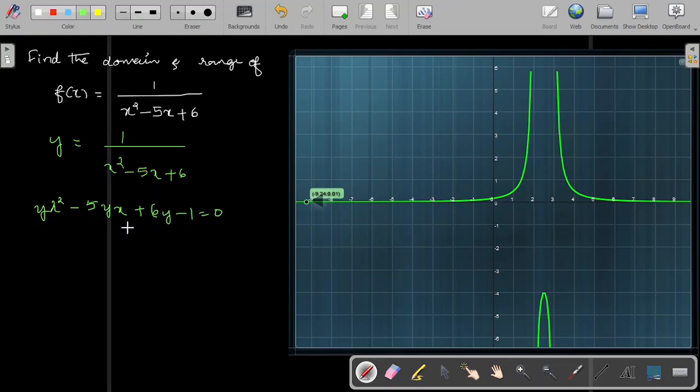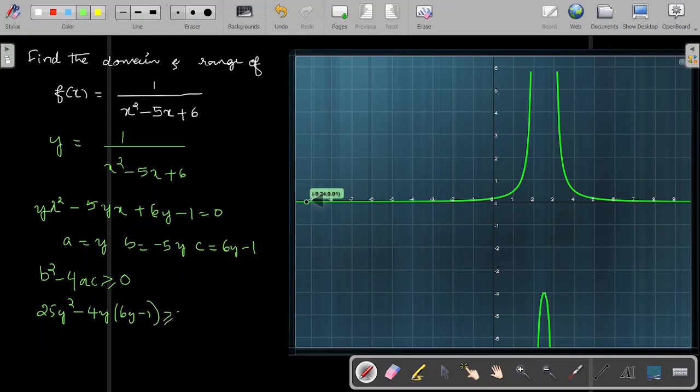Now, this is a quadratic equation in x. Therefore, the a value, the coefficient of x², is y, the b value is -5y, and the c value is 6y - 1. Therefore, b² - 4ac must be greater than or equal to 0 to have a real solution for this quadratic equation. Substituting these values: 25y² - 4y(6y - 1) ≥ 0.